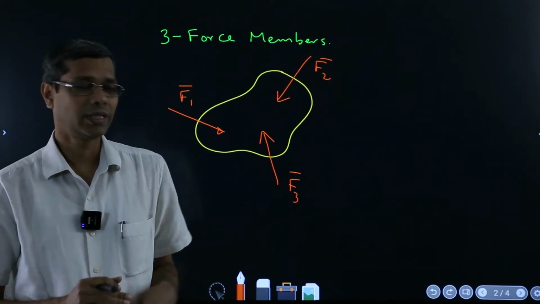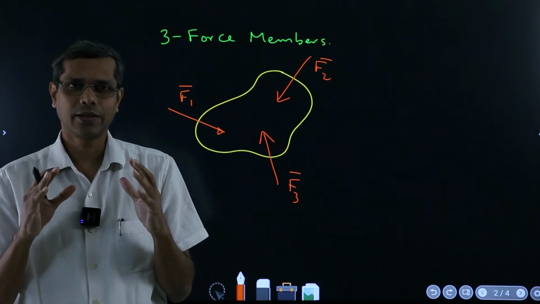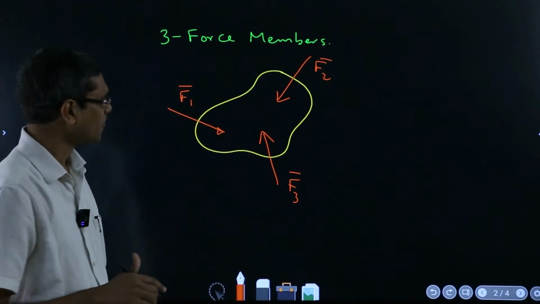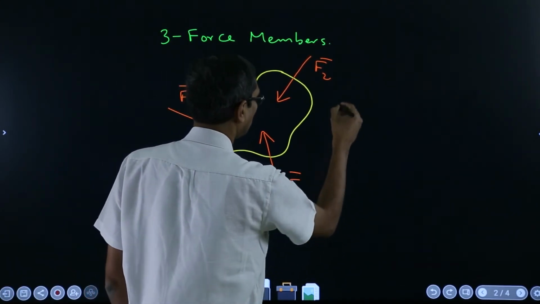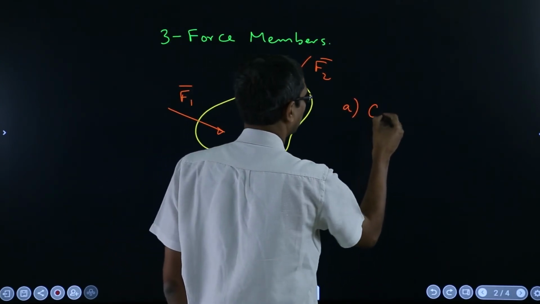But now if we know that this body or member is in equilibrium under the action of these 3 forces, then there are 2 conditions that must be satisfied. That is, say A, they must be concurrent.